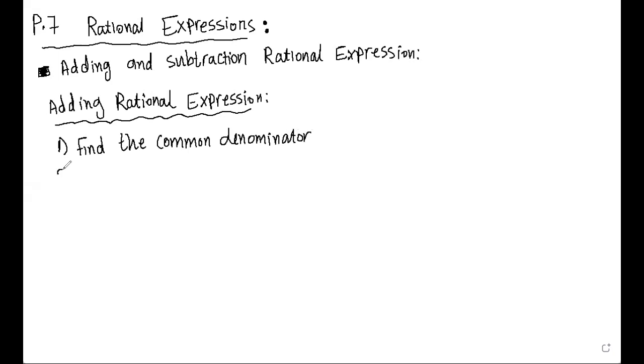Because the denominators are equal, the fraction a over c plus b over c, and here the denominators are equal because we found the common denominator from the first step, is equal to a plus b over c.